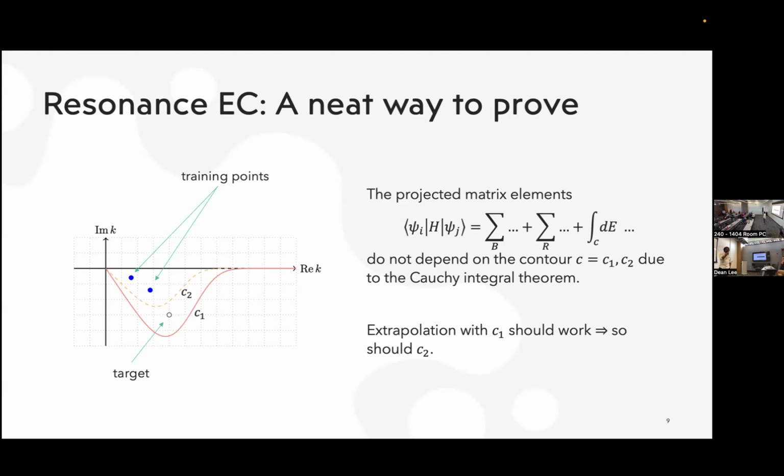Then we extrapolate to the target states. Effectively, what you're doing, roughly speaking, is that your effective branch cut has to be below the target states. But do you actually see that in your calculation? The funny thing is, unlike your technique, I don't think you will see a branch cut per se when you build the emulator.